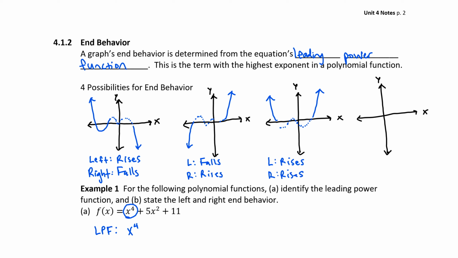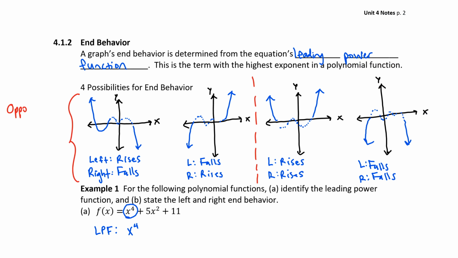Or we can have just the opposite of that, maybe something like this, where the left side falls and the right side falls. These 4 cases can be coordinated to establish some patterns. Notice in the first 2 cases, we have opposite end behavior.